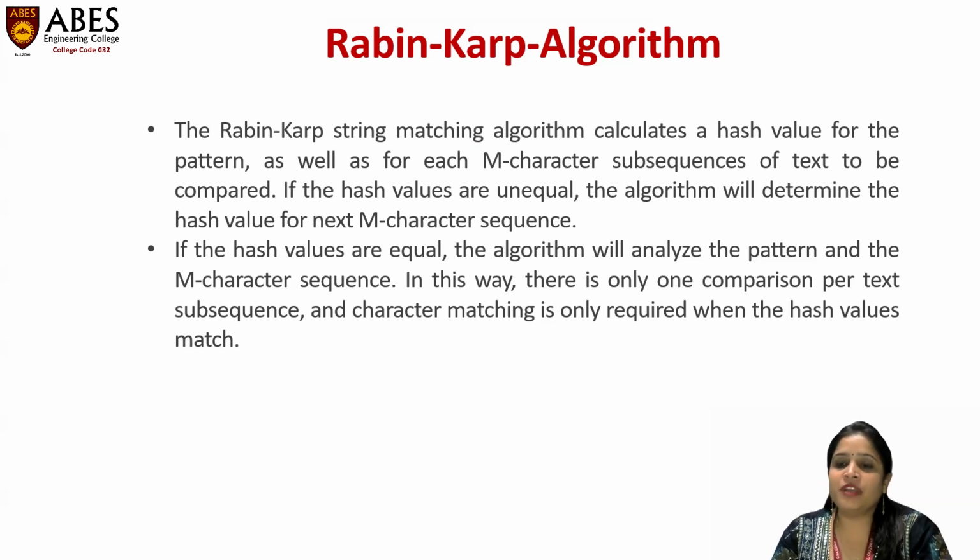If our hash value is matched, only then do we compare or analyze the pattern, otherwise not. The difference between naive string matching and Rabin-Karp is here: in Rabin-Karp, we just calculate the value of the hash function, whereas in the naive approach we compare the pattern for all valid shift values.